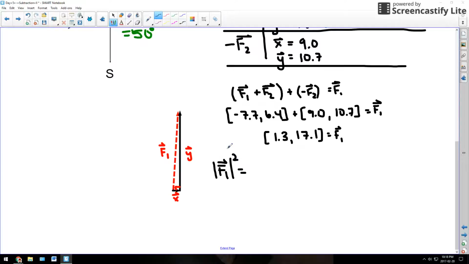We're going to use the Pythagorean theorem, because this is a 90-degree triangle and we have these two sides. So the magnitude of f1 squared will be the horizontal component squared plus the vertical component squared. That's just Pythagorean theorem. These are the two perpendicular sides. This is the hypotenuse. So pretty straightforward. Let's use the calculator, 1.3 squared plus 17.1 squared gives 294.1, and then we square root it.